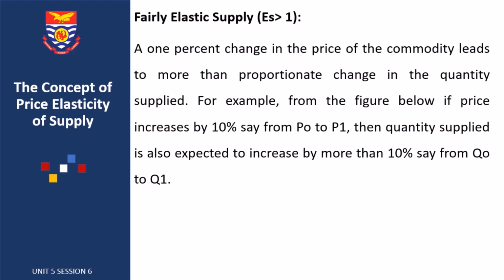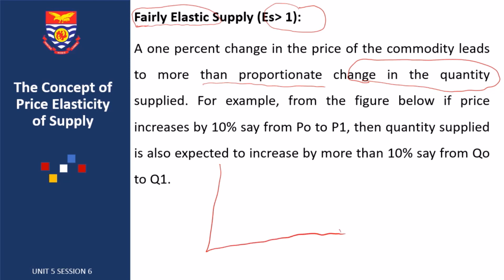So let's talk about fairly elastic supply, where the ES is greater than 1, as you can see here. When you calculate and the value is greater than 1, you are talking about fairly elastic supply. A percentage change in the price of the commodity leads to a more than proportionate change in the quantity supplied. For example, from a figure I'm going to sketch here, the vertical axis is for price and the horizontal is for quantity.